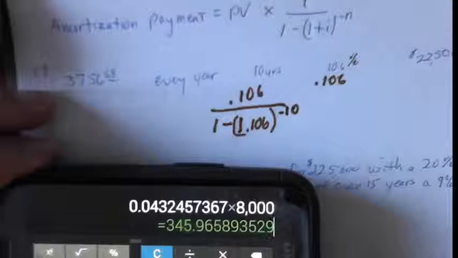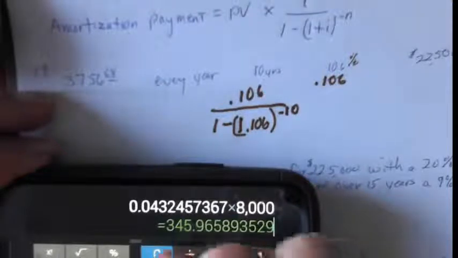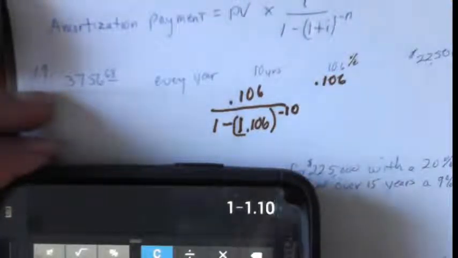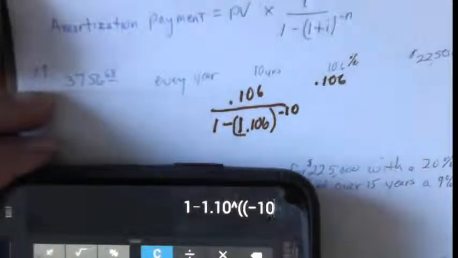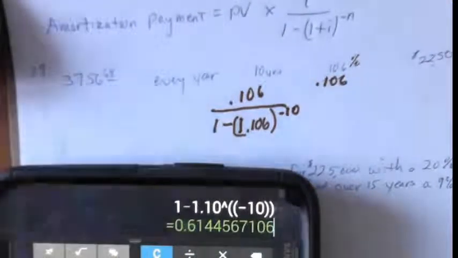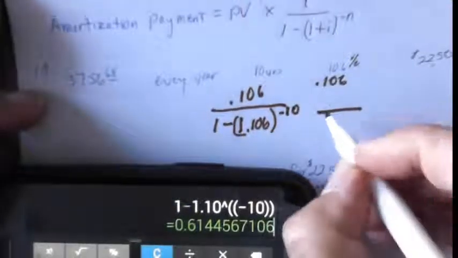So let's go ahead and find the bottom number. So we're going to have clear, 1 minus 1.106, and that's going to be y to the x minus 10 equals. Okay, so we have our number then, so we're just going to scoot that over there.